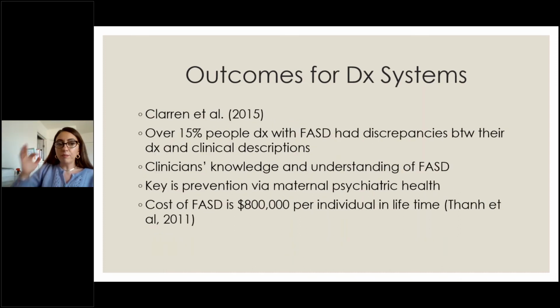There was also another study by Clarin et al. in 2015. What they looked at is that over 15% of people diagnosed with FASD had discrepancies between their diagnosis and how they were described in their summaries, in the reports that are used to justify the diagnosis. Overall, people were not indicating what diagnostic system they used.